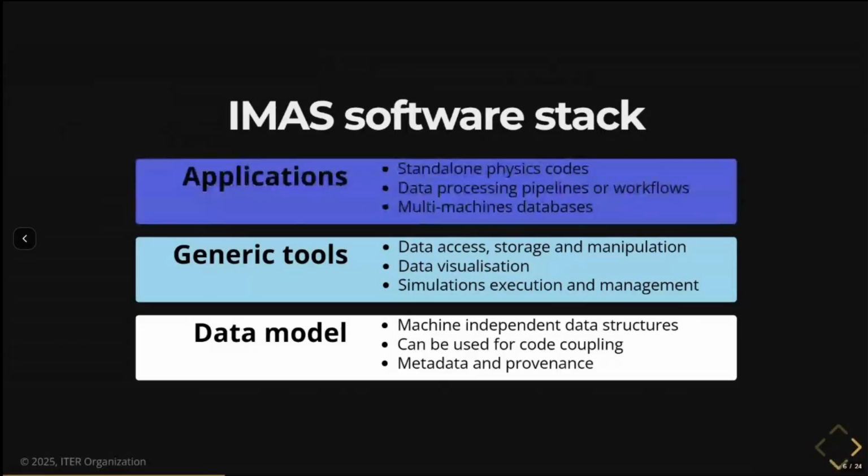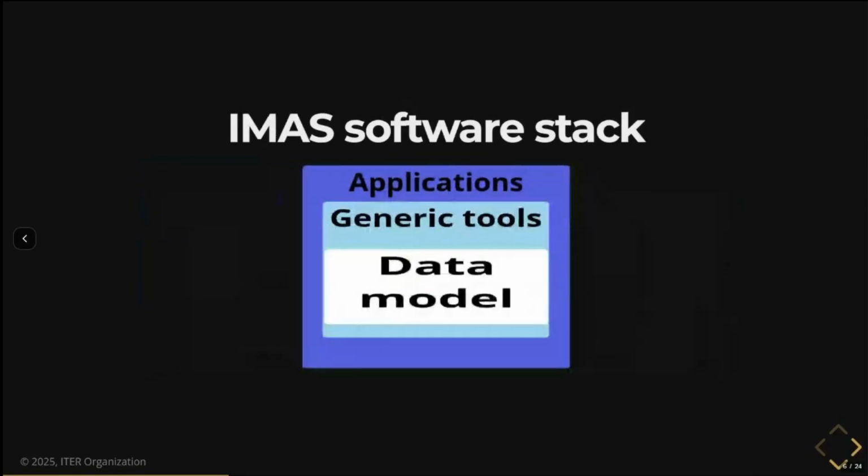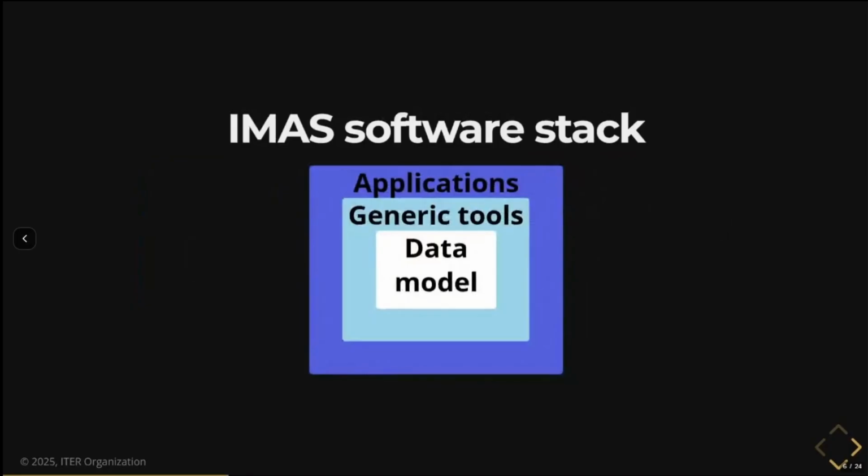But at the end, our final goal is indeed to not just have tools, but have physics applications that will be used for modeling purposes and that will increase our simulation and predictive capabilities and to use that at ITER. So basically all these bricks glued together, that's what we can call IMAS.